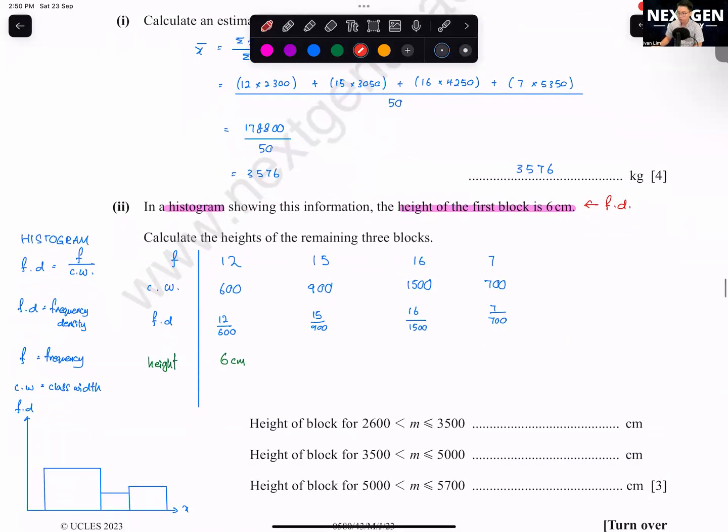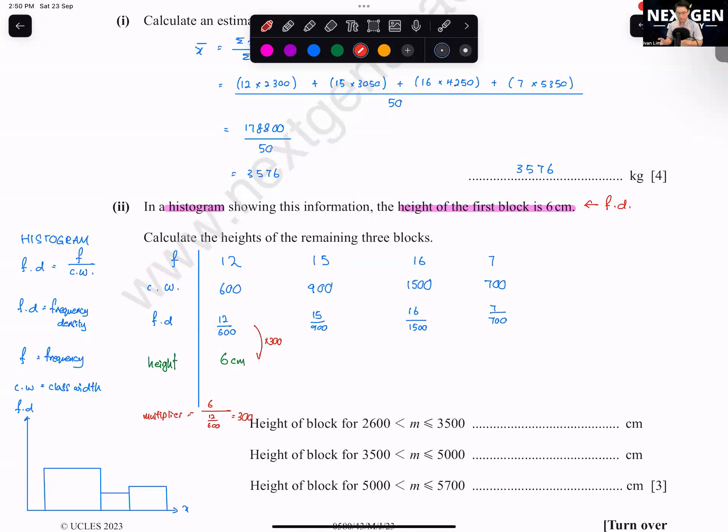How do we calculate it? The multiplier is you take 6 divided by 12 over 600. So you need to multiply by 300 to your frequency density to find your height. What's 12 over 600? 1 over 50, or 0.02.